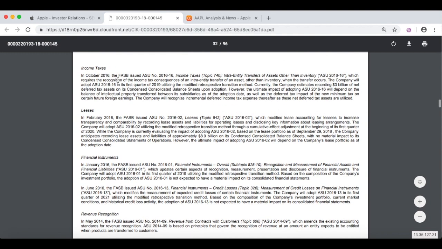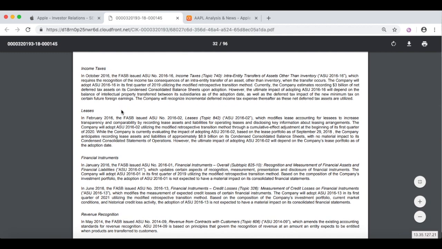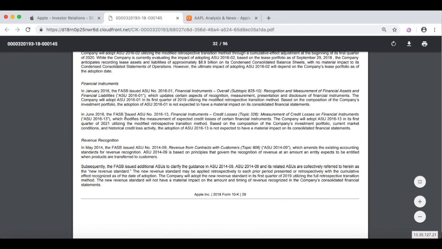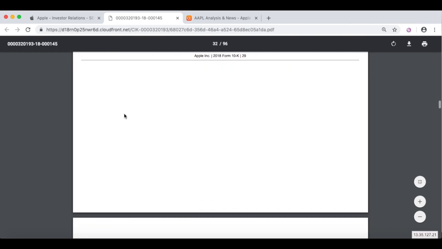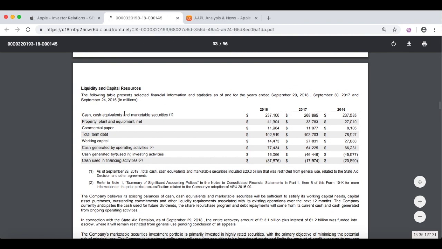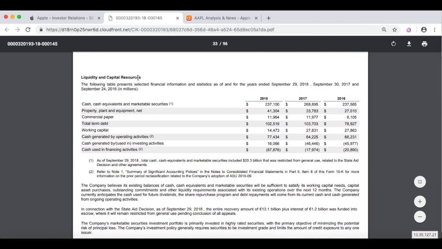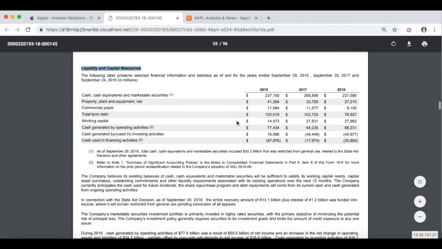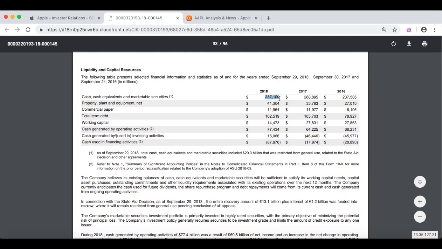Leases. This is some of the nitty-gritty stuff. Income taxes, leases, hedging, I don't know. If you really want to get down into it, you can. Liquidity, capital resources. Don't gotta be really concerned. I don't think about Apple's liquidity because they have this much in cash.